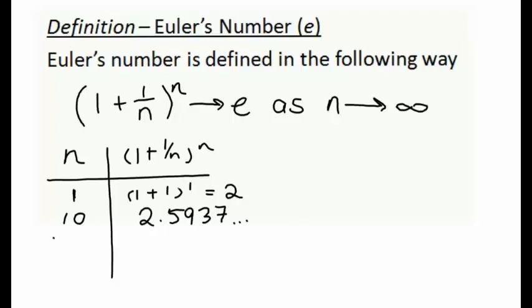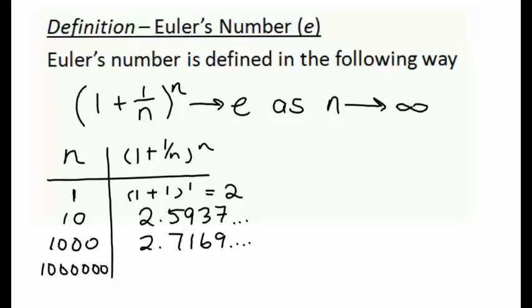Now we could make the value of n even bigger. We could try next a value of 1,000. Once again, you could try plugging this into your calculator, and in this case, we get a number that's roughly 2.7169. And I'm going to choose a really large value next: 1 million.